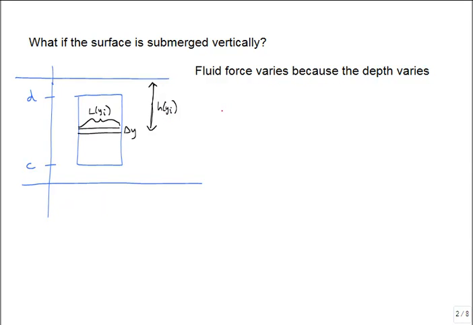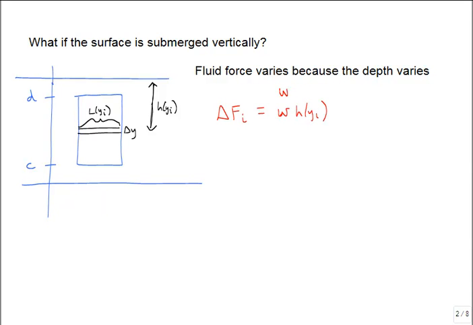So when we talk about the fluid force on just that little slice, the amount of fluid force on just that i-th slice, if you will, it's going to be that weight density W times the depth, which is this h of y sub i.